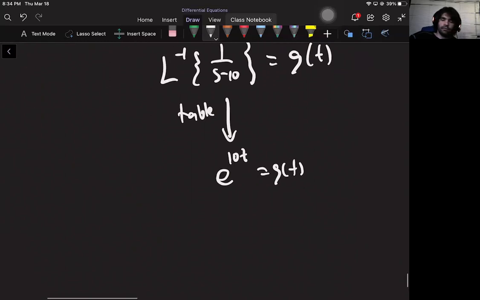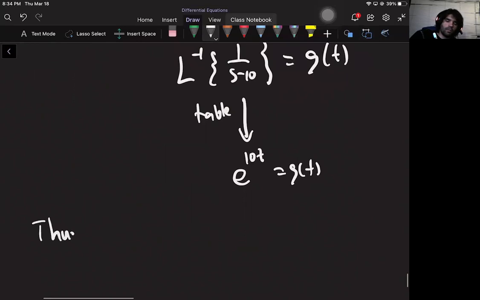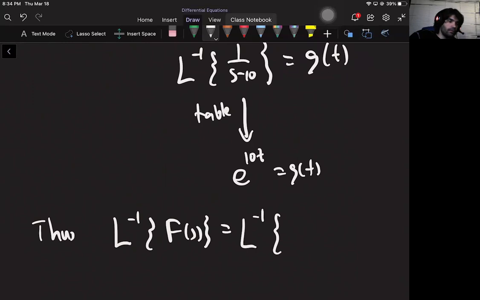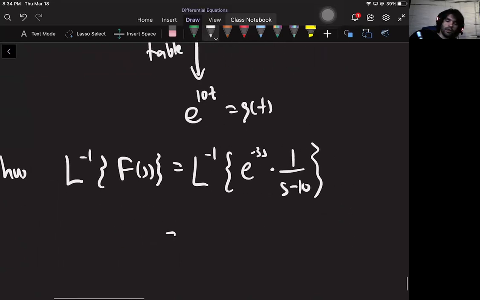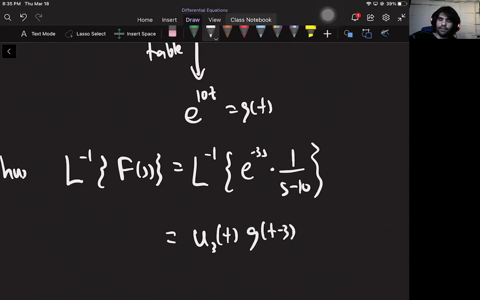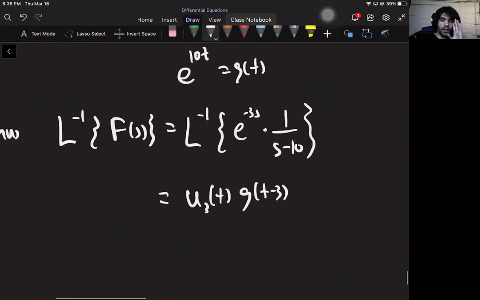So then we can finally answer the question. The inverse Laplace transform of what I started with, what I was really looking for, is really the shift of this function I figured out by 3 times the unit function starting at 3.